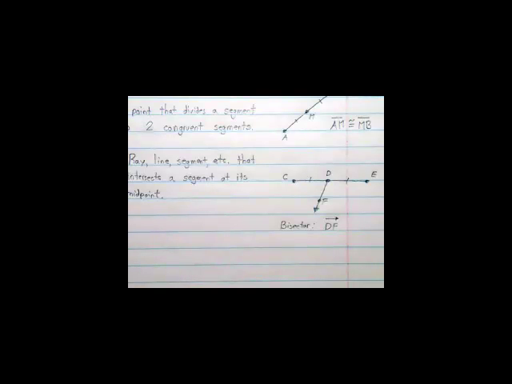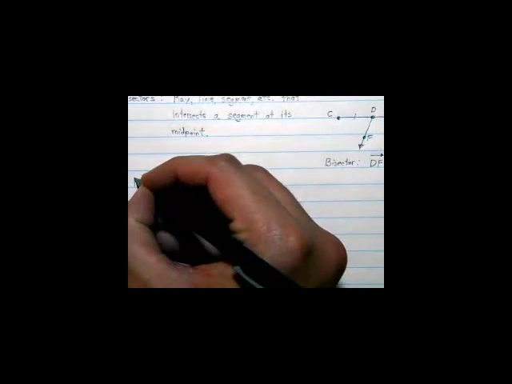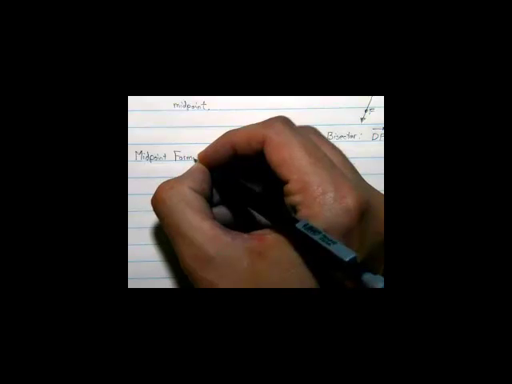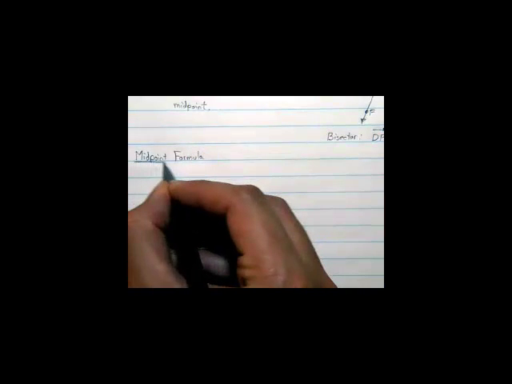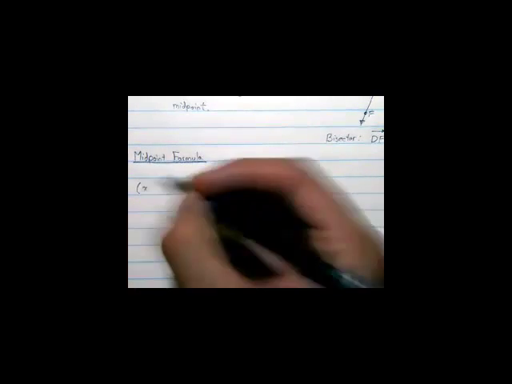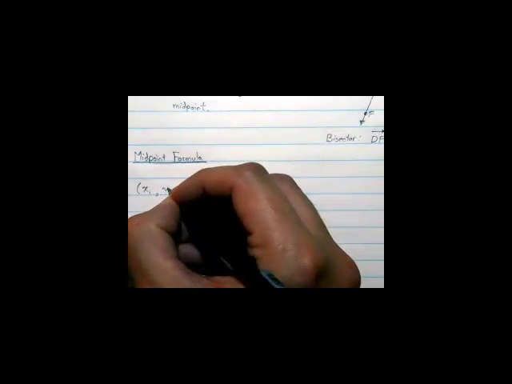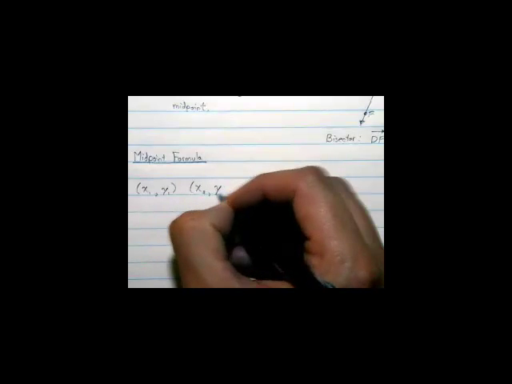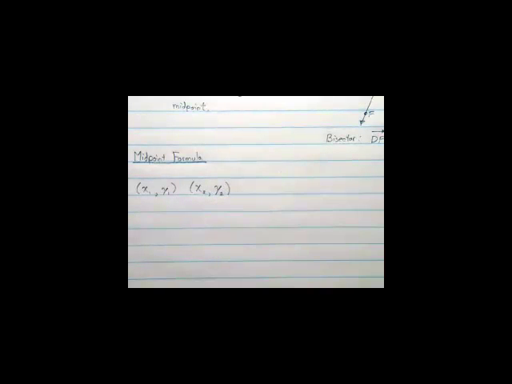Okay, so we're going to stop here for a moment. Okay, so midpoint formula. We said it's like doing an average. If you have 2 points, and I'm going to keep them generic because it could be any 2 points, we'll just call them (x1, y1) and (x2, y2).